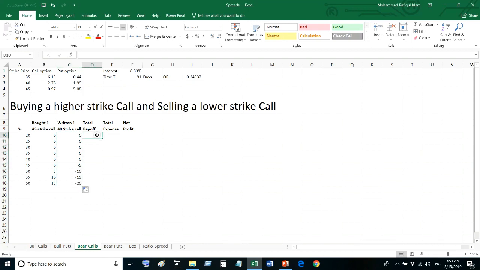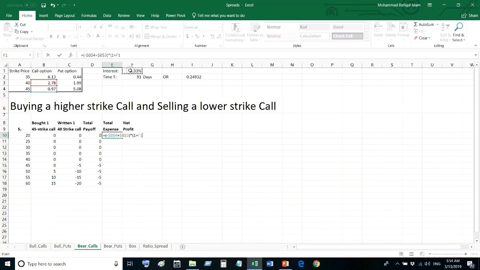So the total payoff can be found by adding these two payoffs, and the total expense can be found, since we bought the 45 strike call, this is our 45 strike call, fix it, and sold the 40 strike call, this is our 40 strike call, fix it, and then times 1 plus interest rate to the power time.